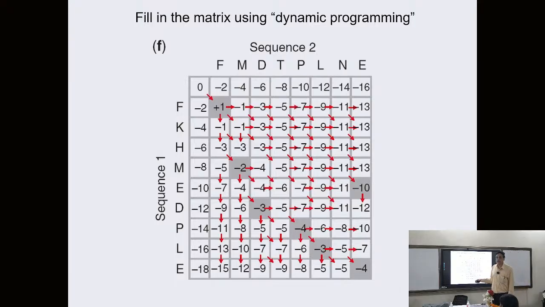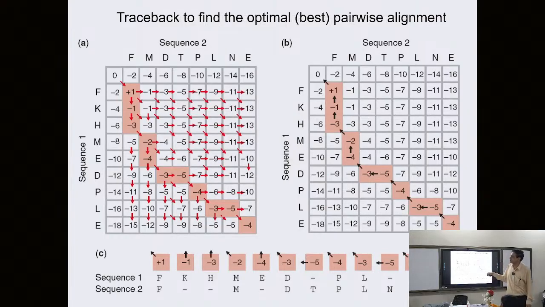How did you get -4? Okay, so let's look at this. How did you get -4? And these red arrows are indicating how you have got the best scores in a certain cell. Once you have reached the end, and this is the last cell, actually the last residue positions for the two sequences.